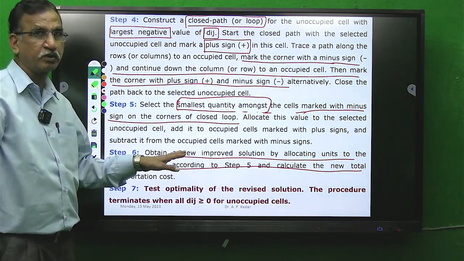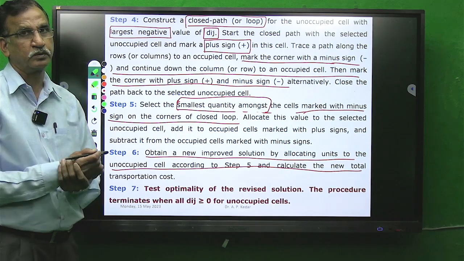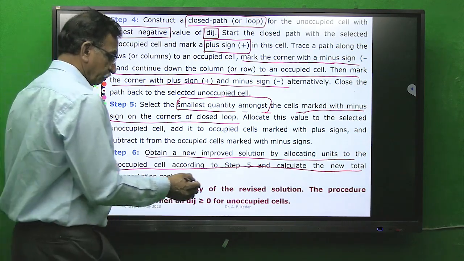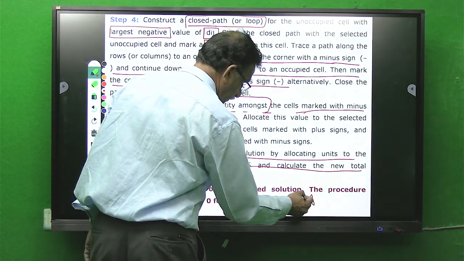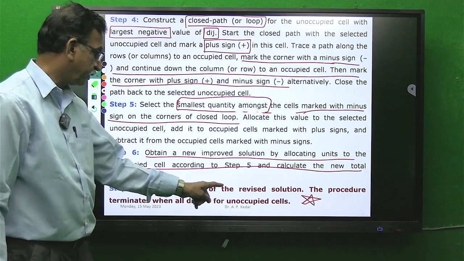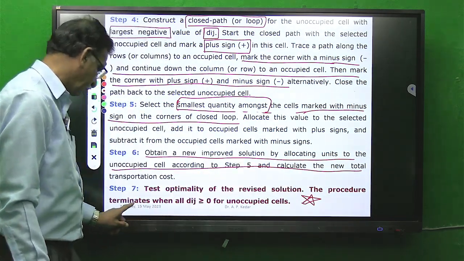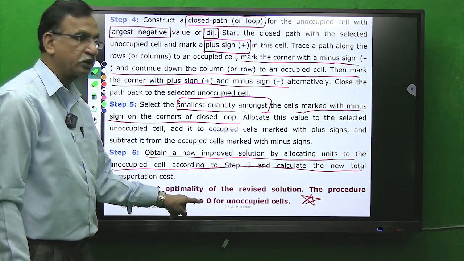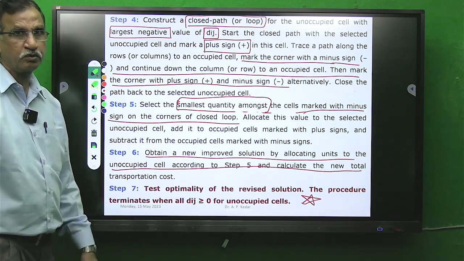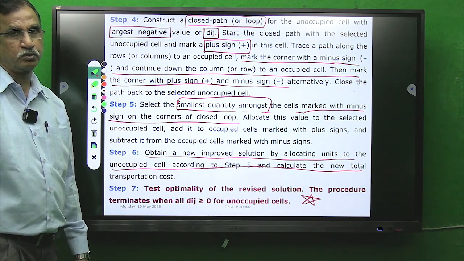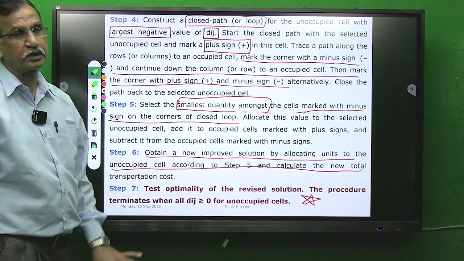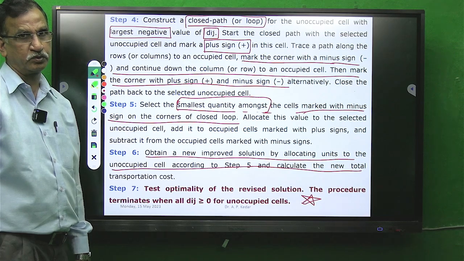This particular step will give you a new improved solution. Once you have the new improved solution, your task is again to test for optimality. Test optimality of the revised solution. The procedure terminates when all Dij are greater than or equal to 0. That we have seen. If all values are positive or 0, there is no need to solve that problem further. The solution under test itself is the optimal solution.